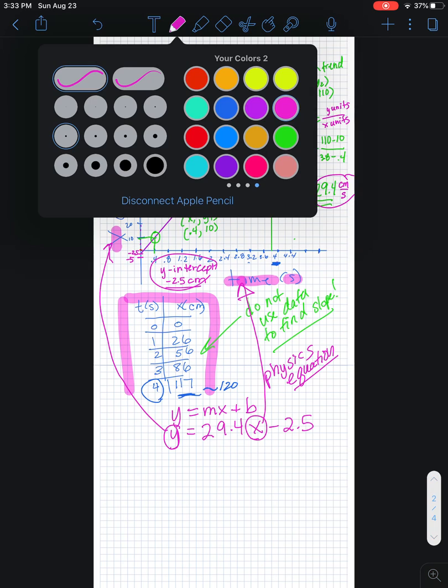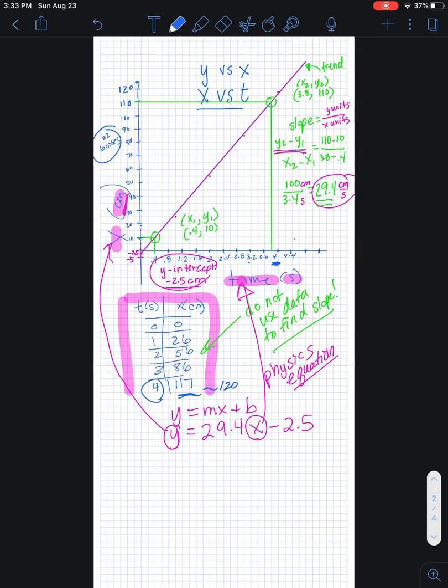And then we're going to replace those values with what they stand for. Since y was really a measure of the position of the dune buggy, I'm going to put an x there. And because x was really a recording of the time, I'm going to put a t there. So I now have x equals 29.4t minus 2.5. This is so much better. Now I can plug in any value for time and end up with a position, or I can plug in any position and solve for a time.